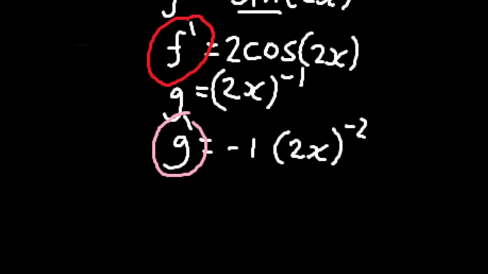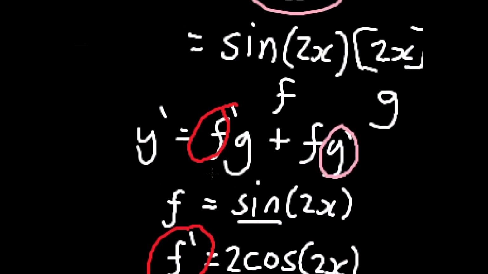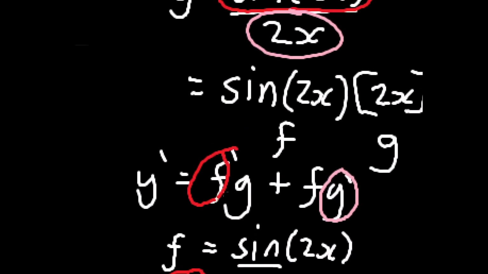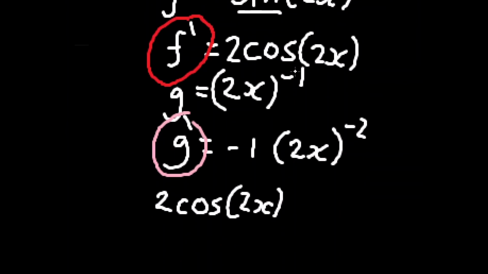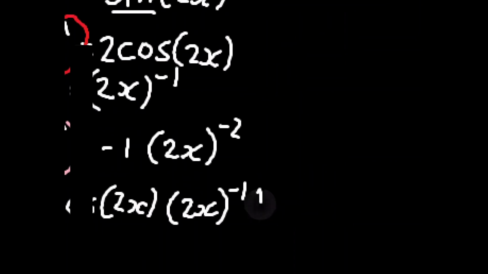So the first step is that f prime, which is our 2 cos 2x, and then just the normal g of x. So that is going to be 2x to the -1. And then we say plus, and now we have the normal f, which is our sine 2x.